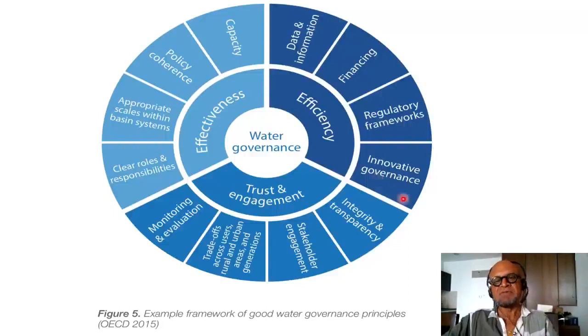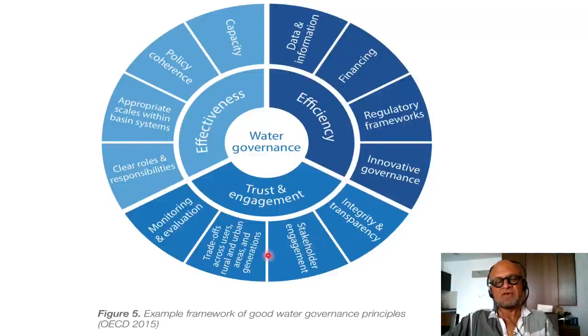Innovative governance may be needed, as we discussed in the case of the North Sea anoxia that got solved by multi-level governance structures. And under trust and engagement, you need integrity and transparency so that the stakeholders and multiple users, upstream, downstream, and so on, believe that they are playing a fair game with others and there is no hidden social dilemma that's not being fair to them.